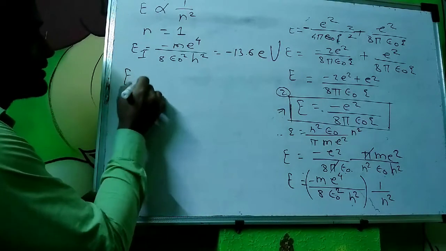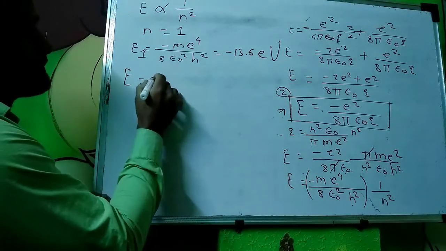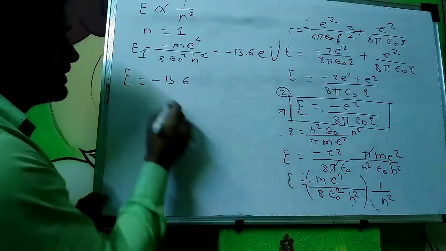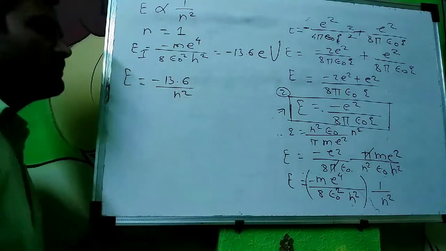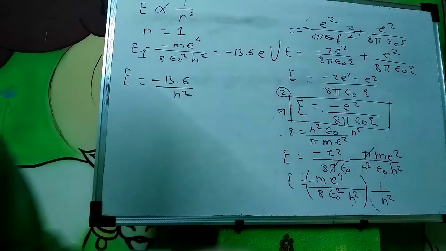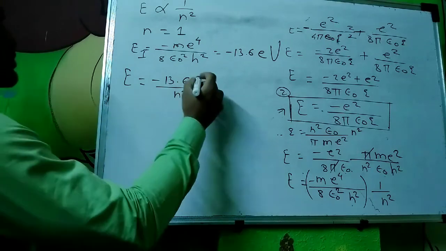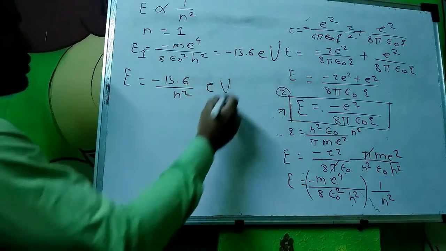So how can we write the formula for total energy? Minus 13.6 with denominator n square. Because the term present in the bracket in the equation of the total energy is constant, and the value of that constant is minus 13.6 electron volt. So this is also in electron volt.